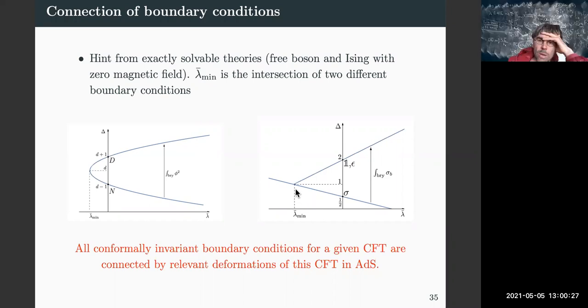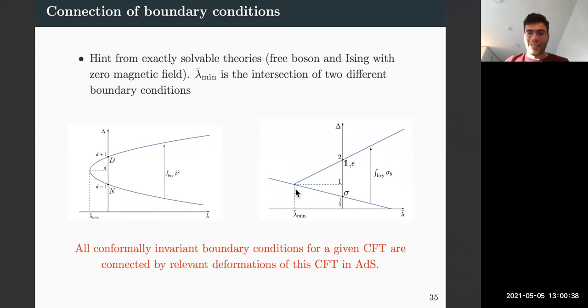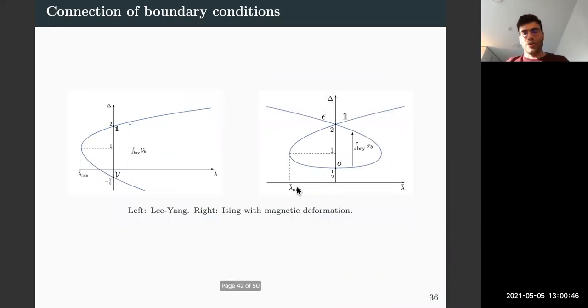And do you have time to comment why these two pictures look different? In one case you have annihilation, in the other case you have kind of going through. This is also a good question. So the other one here, so the sigma boundary condition. So yeah, for the other ones, we also expect that this annihilation happens.